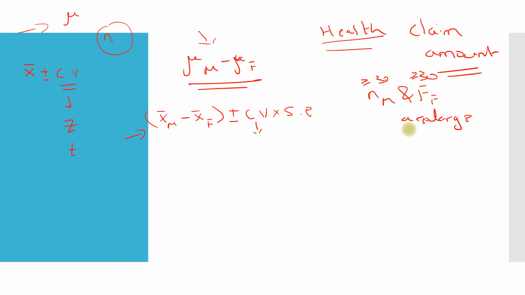The other condition is whether sigma is known or unknown. But normally, if sigma is known, we are going to use a normal. Even if sigma is unknown, as we studied earlier, we're still going to be using the normal, despite the case that the t-distribution would have been more appropriate.